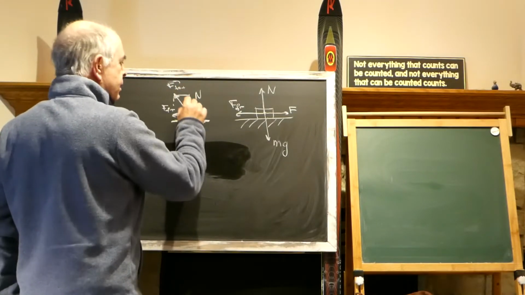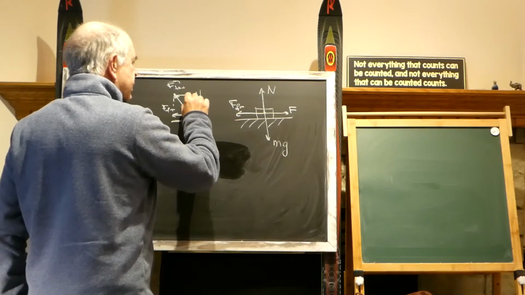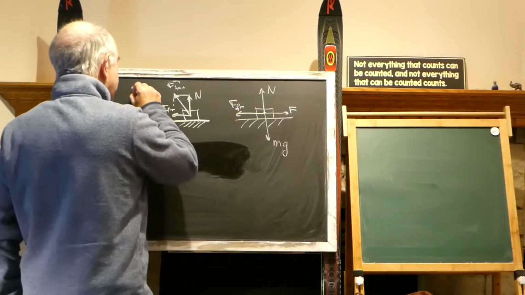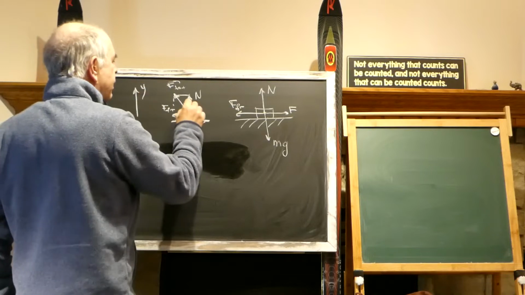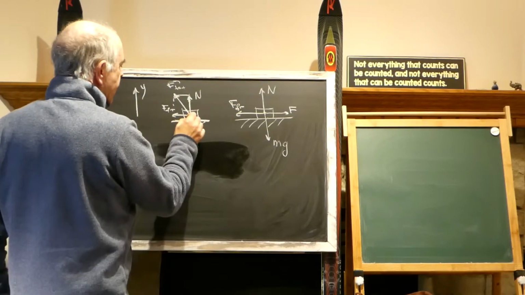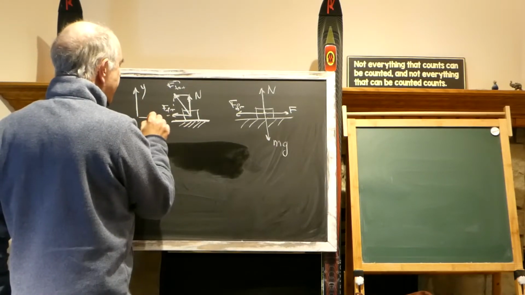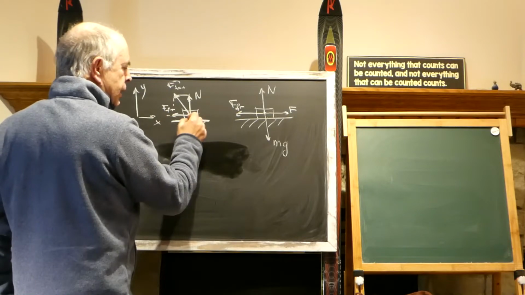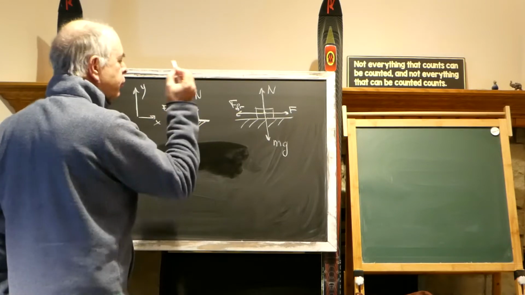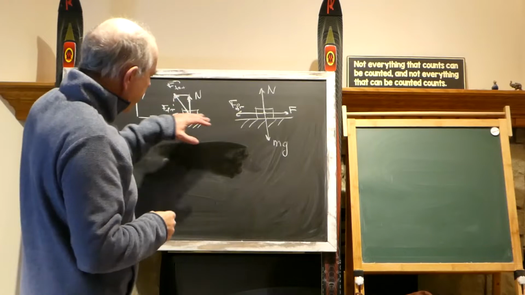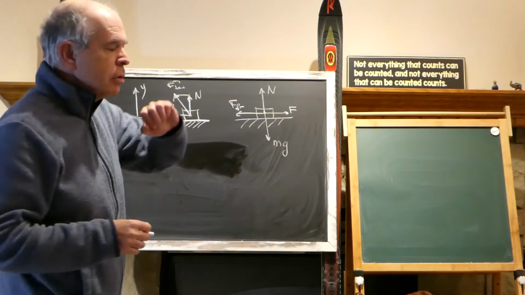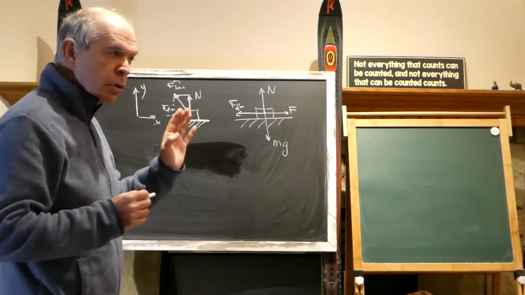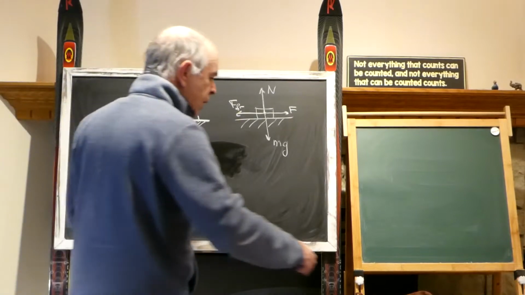This is a vector. The component of this vector, projection in vertical direction y, is normal reaction, and the projection that goes parallel to the surface is called friction. So friction is always parallel to the surface, and normal reaction is always perpendicular.